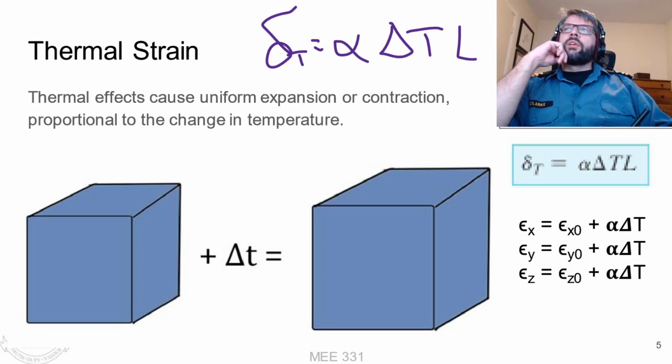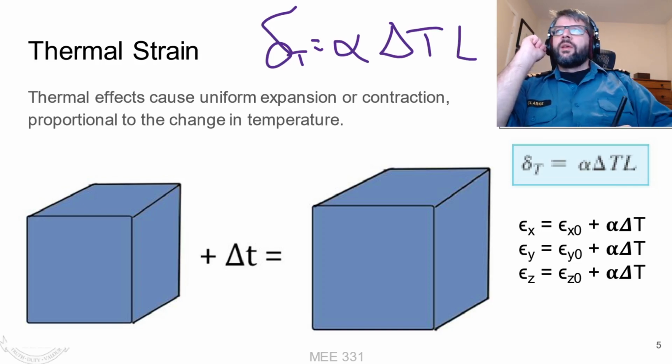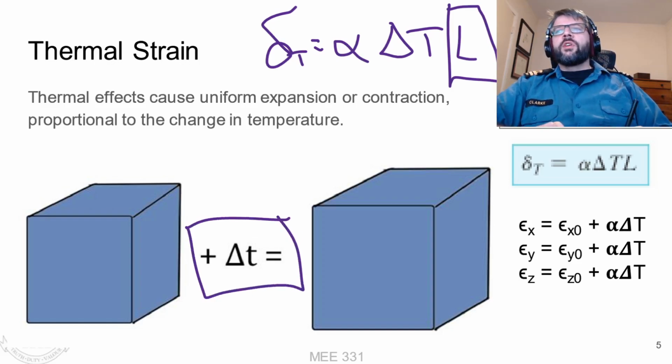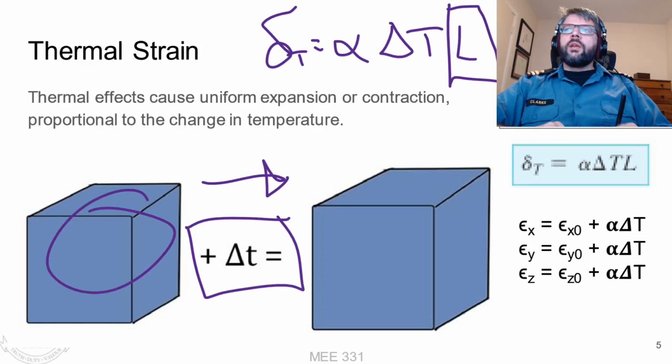I don't like that because, for one thing, I like to put things in terms of strain, so that we can make a big equation that relates how everything works. If we just look at length here, people might be inclined to believe that it only goes in one direction. That would be erroneous. When we add the temperature, it expands in all directions. So this cube here gets bigger in all the directions.